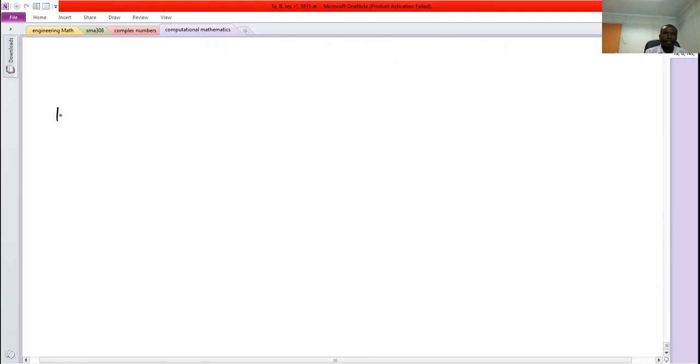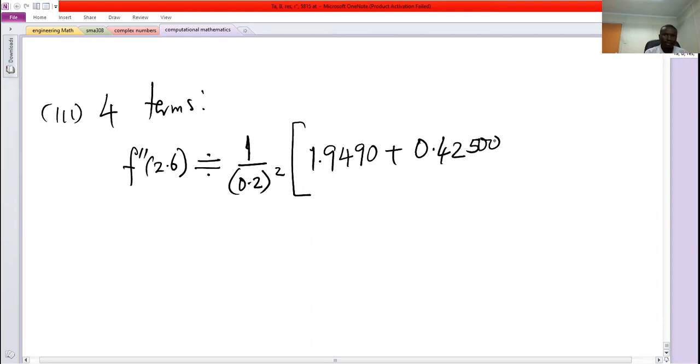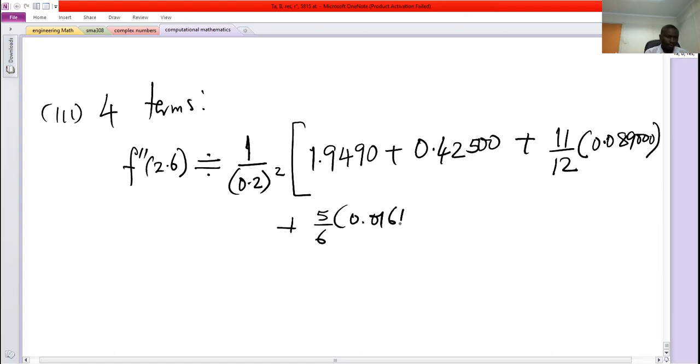And lastly, using 4 terms, so the second derivative at 2.6 will be roughly 1 over 0.2 squared into 1.9490 plus 0.42500 plus 11 over 12, 0.08900 plus 5 over 6 into 0.016100.